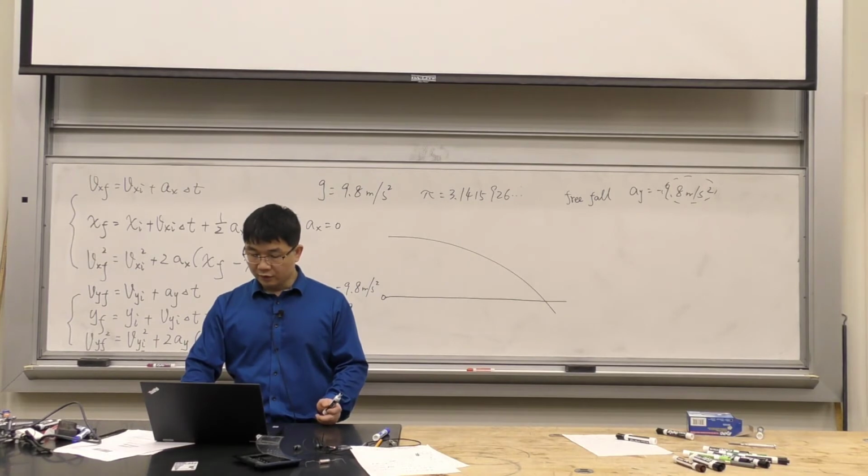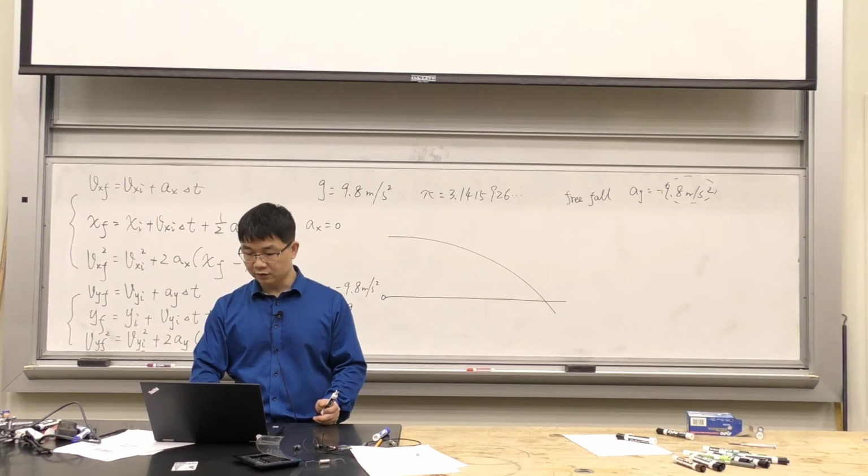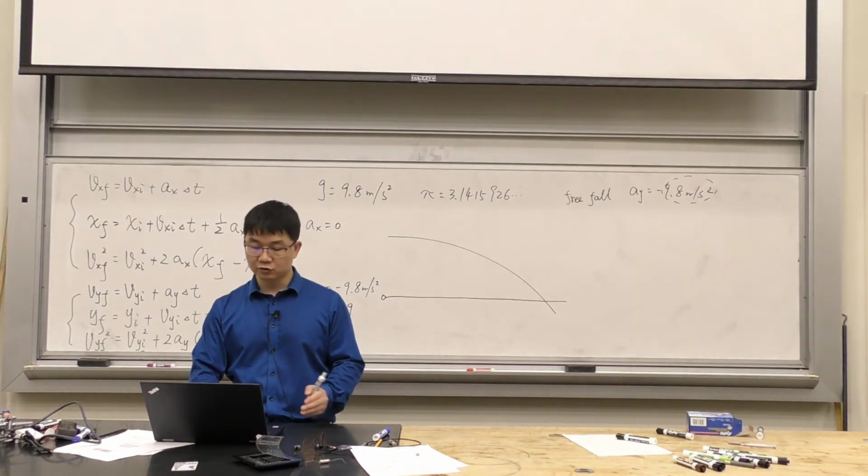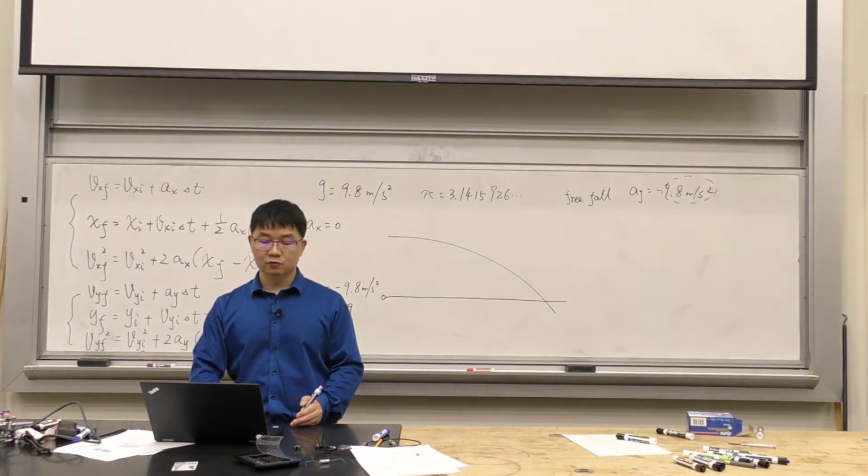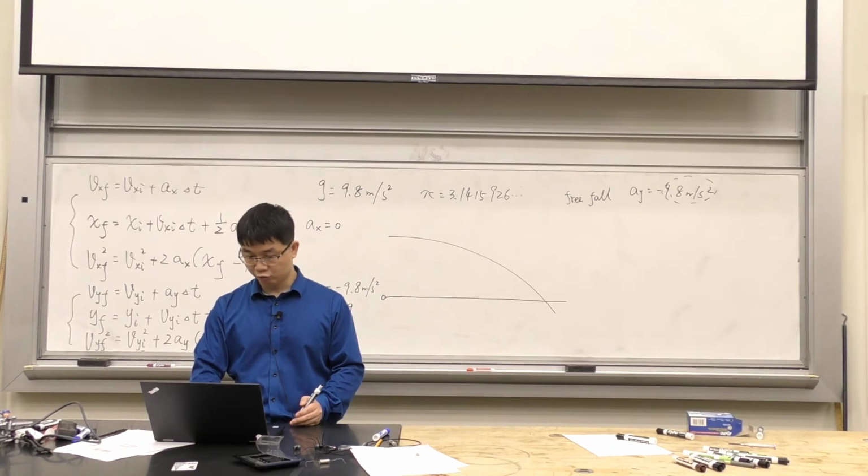So let's take a look at slide 4. In this graph, you can see the velocity. There are arrows on this graph showing the total velocity of this projectile motion, and the x and y components of this velocity. You can take a look at this whole trip.